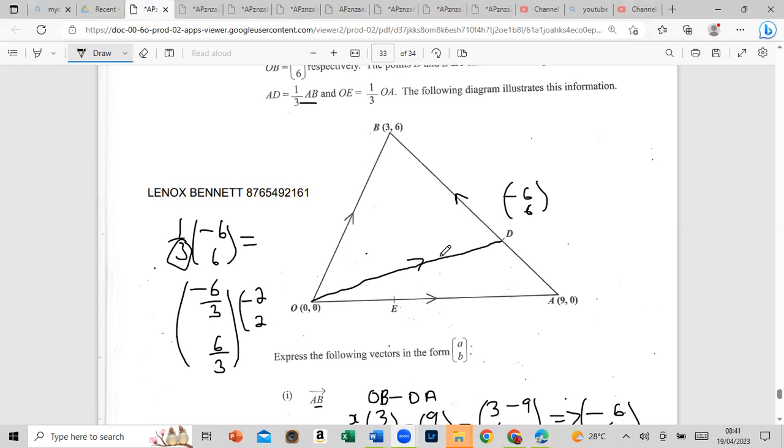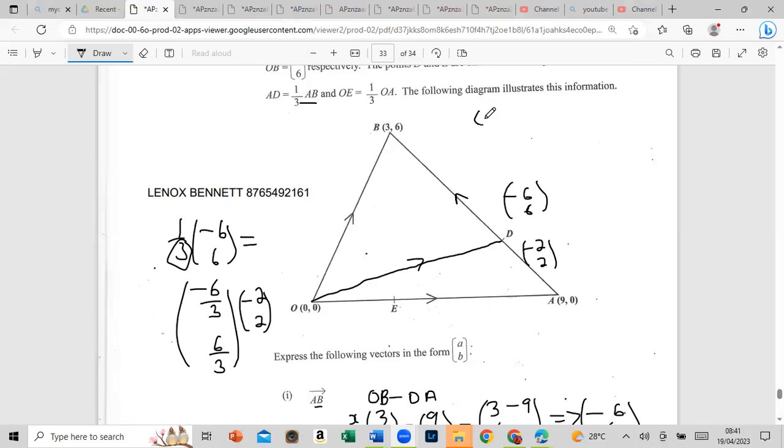So that is this little piece right here. What's the significance of this? Now we can go from O to A and then to D. Remember we don't go directly with vectors. To get to OD, let me just write it as we go along.